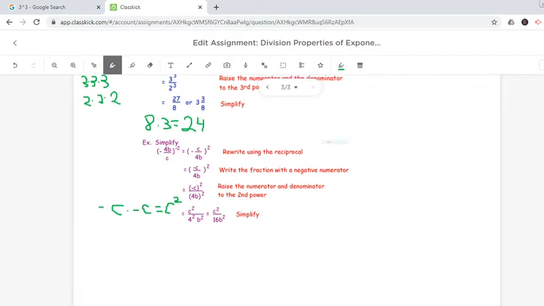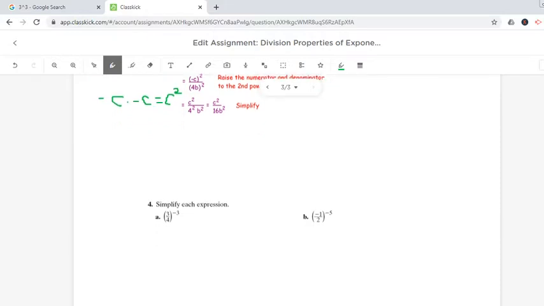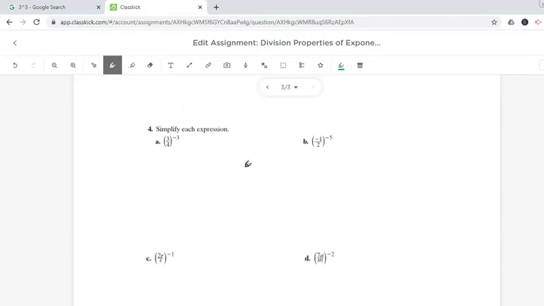Okay. So on our own, simplify each expression. So we have a negative exponent. So we'll take the reciprocal. So we'll flip it. So 4 thirds.